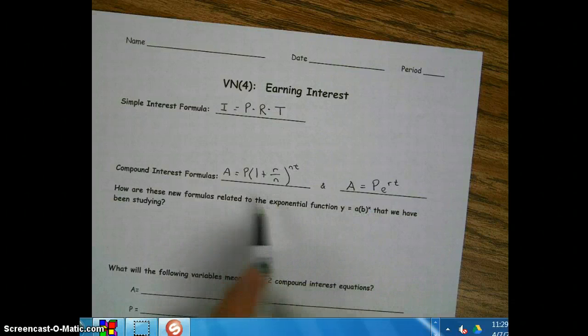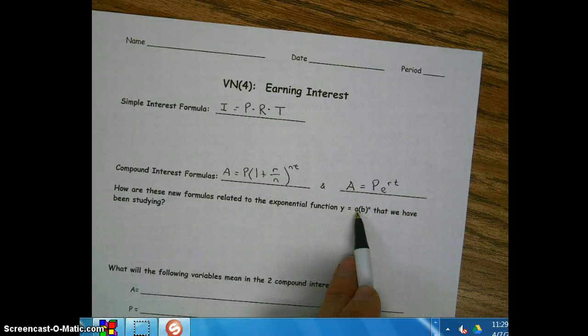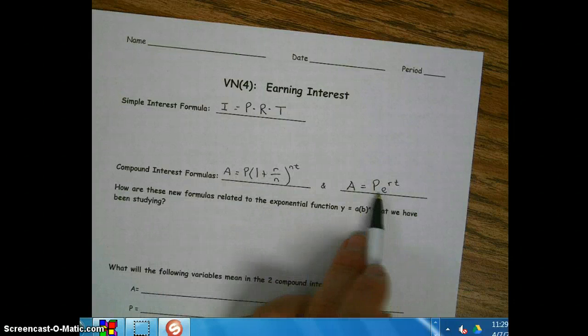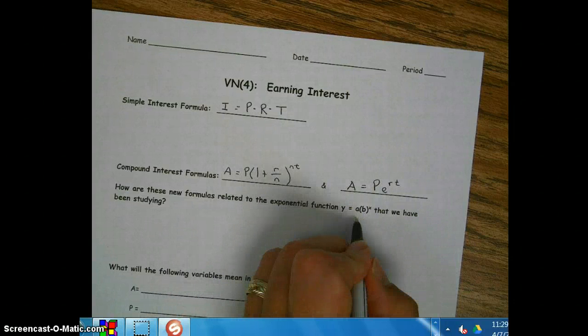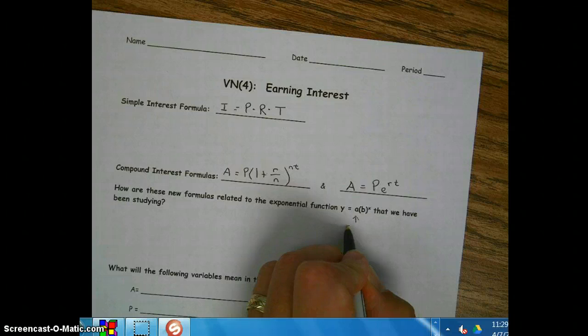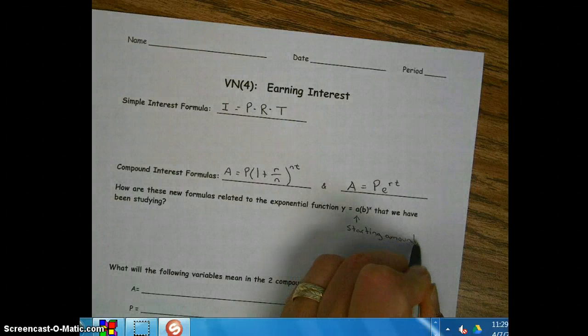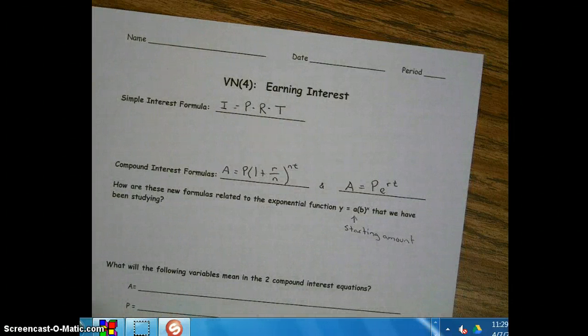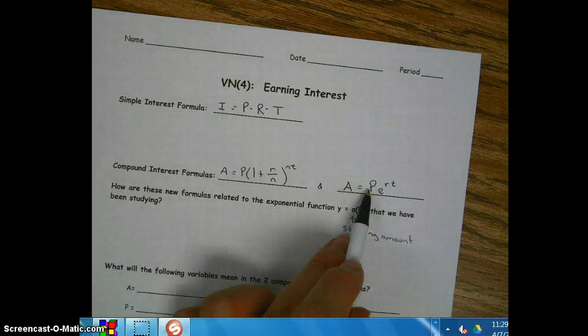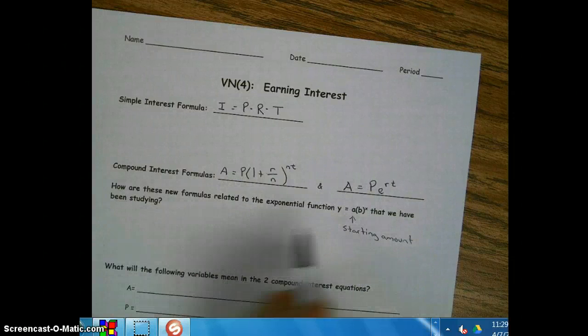Okay? So how are these new formulas related to the exponential function y equals a times b to the x? Well, a is going to represent our starting amount. How much did we begin with? That's our principal. Okay?